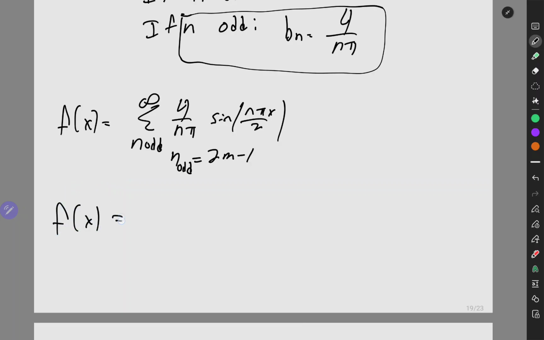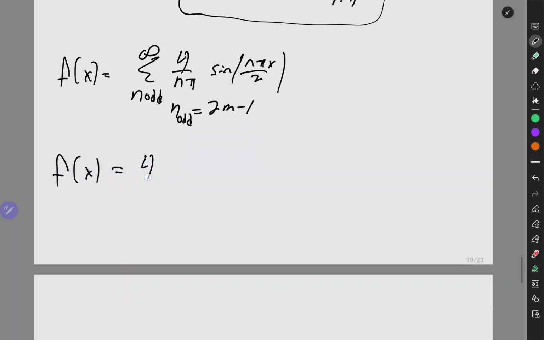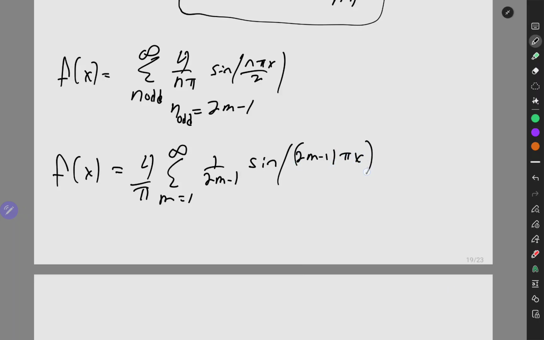So let's write out the final solution. We can pull out that 4 over pi. This would be 1 over 2m minus 1 times sine of 2m minus 1 times pi x over 2.